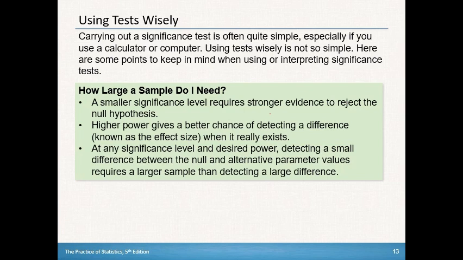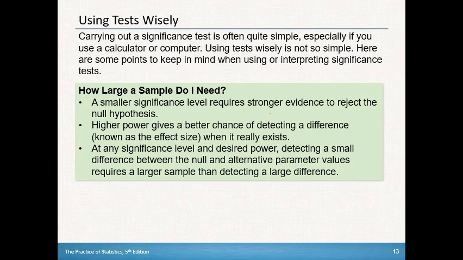Higher power gives you a better chance of detecting the difference, sometimes referred to as the effect. That's the difference between the hypothesized parameter value and the actual parameter value, when it actually exists. So higher power is a good thing there.